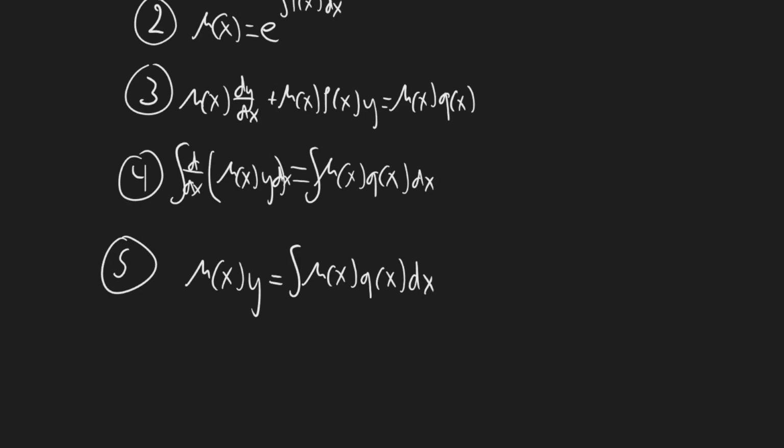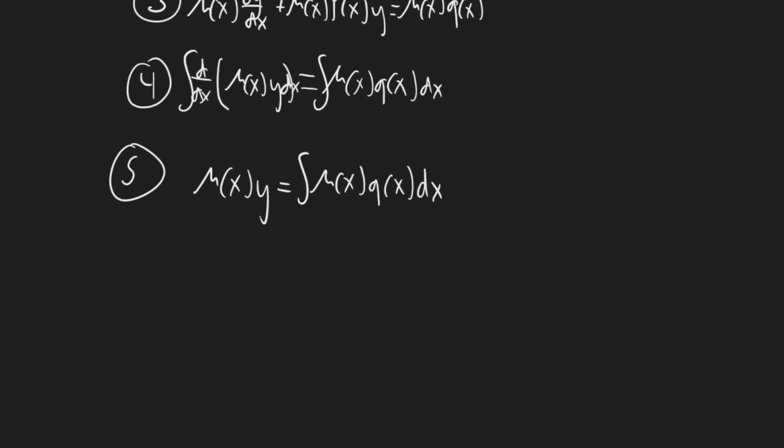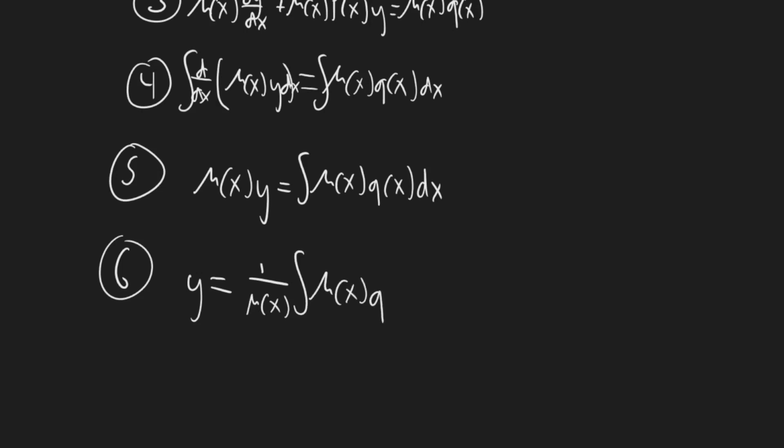That's step 5. I'm laying these steps out so that you can follow them directly for any problem of this form that you may find. Then in step 6, you have your answer. y, the goal variable, is just going to be 1 over mu of x times the integral of mu of x times q of x dx.